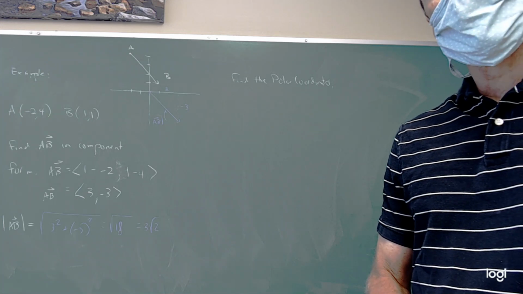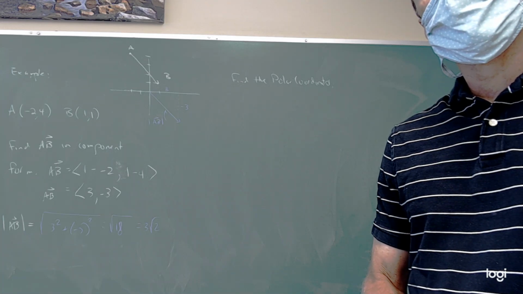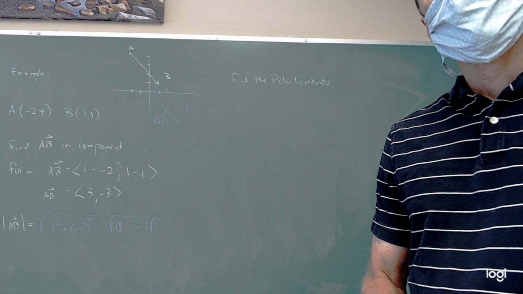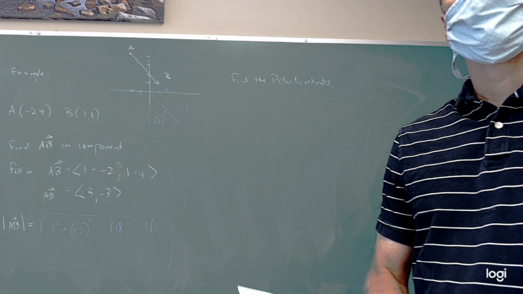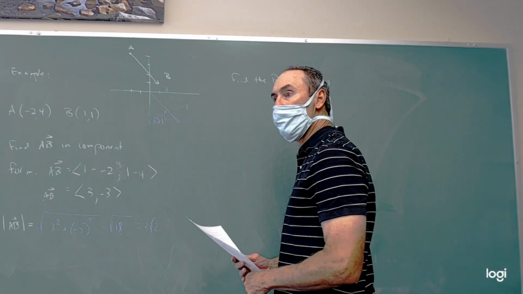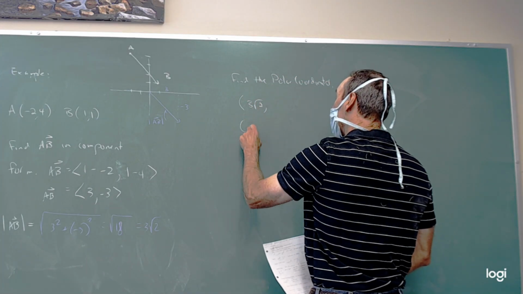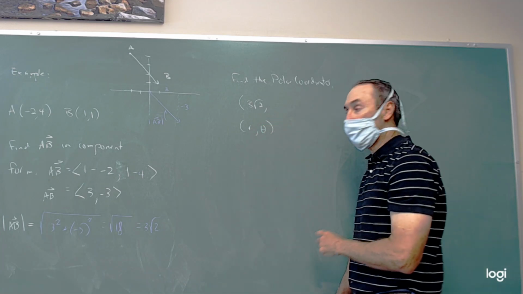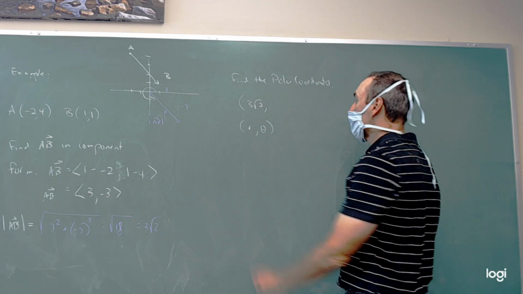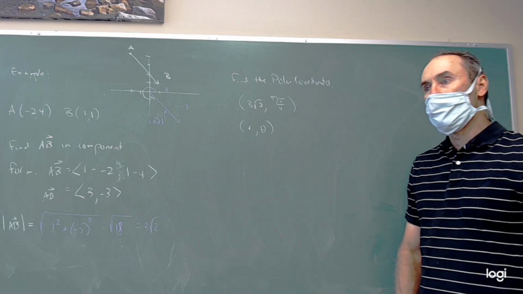So r equals 3 root 2, and then theta would be like 315, right? Yeah. And we can do radians or degrees, either one. Did you hear what Alex said? Yeah. So there's our r, so we're going r, theta. And we could do that angle as either radians or degrees. So in radians, that would be 7 pi over 4, and in degrees, it would be 315 degrees.